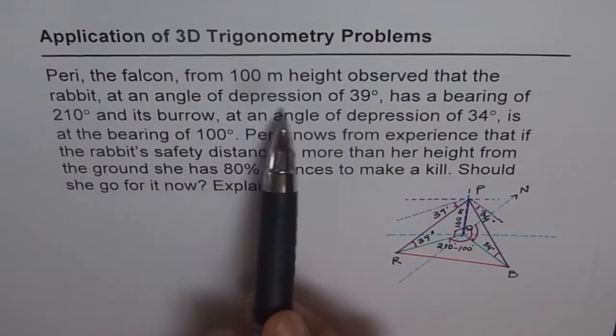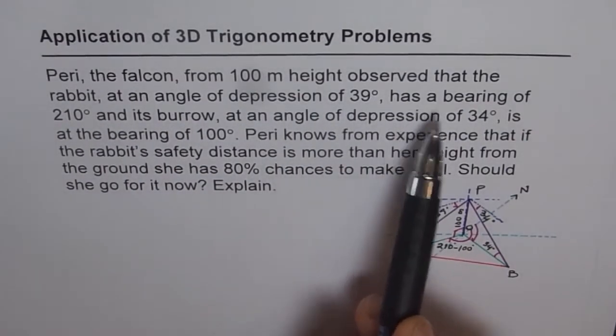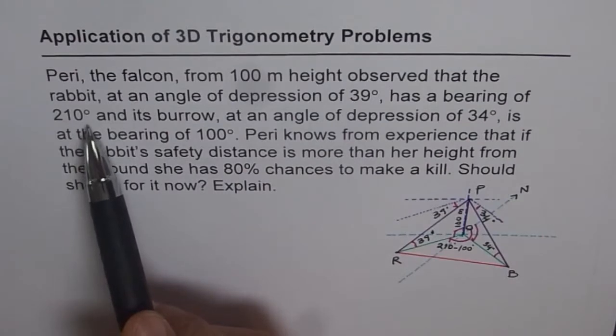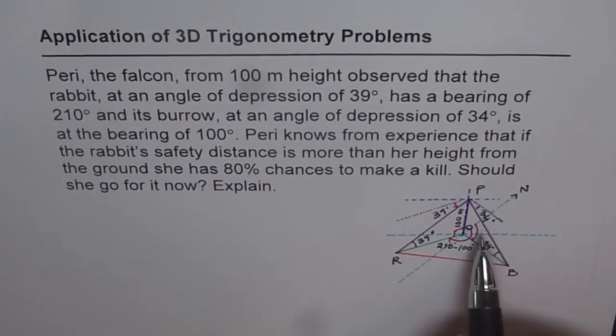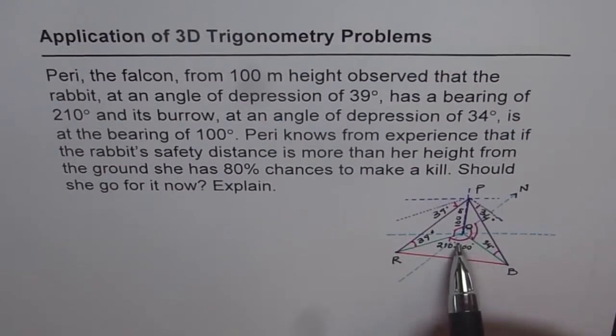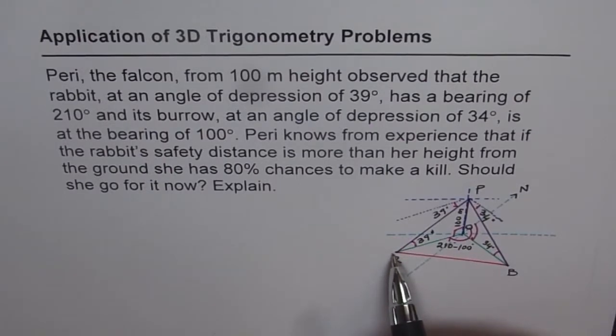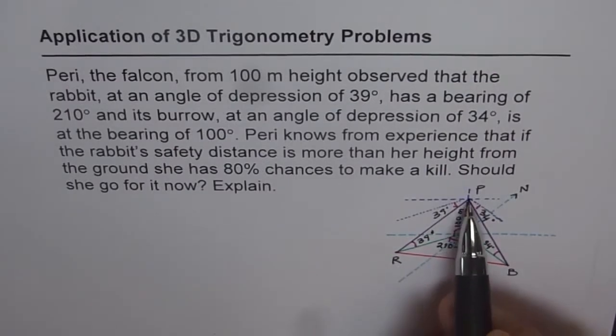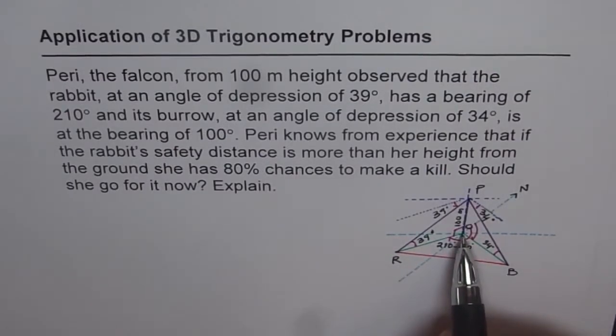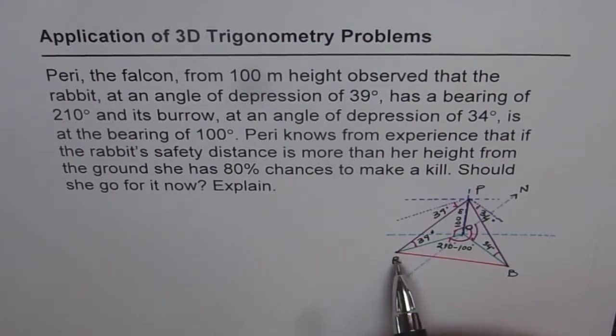The rabbit at an angle of depression of 39 has a bearing of 210 degrees. So 210 degrees clockwise from north is that direction. And this is the distance on the ground, which is OR, equal to the distance of the rabbit from the vertical position of the falcon on the ground, right?